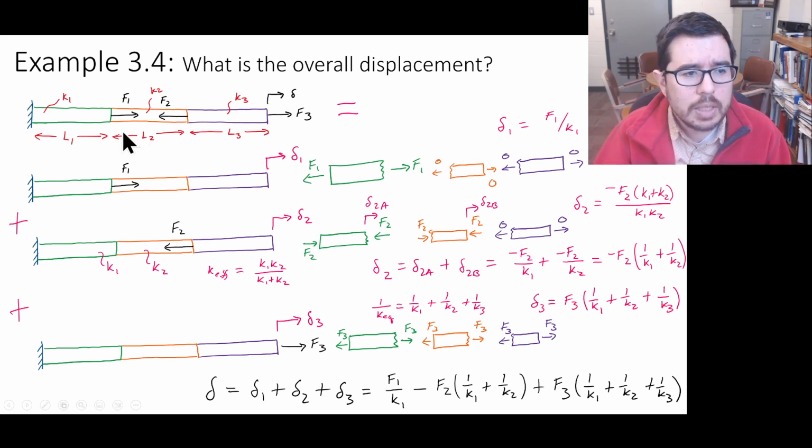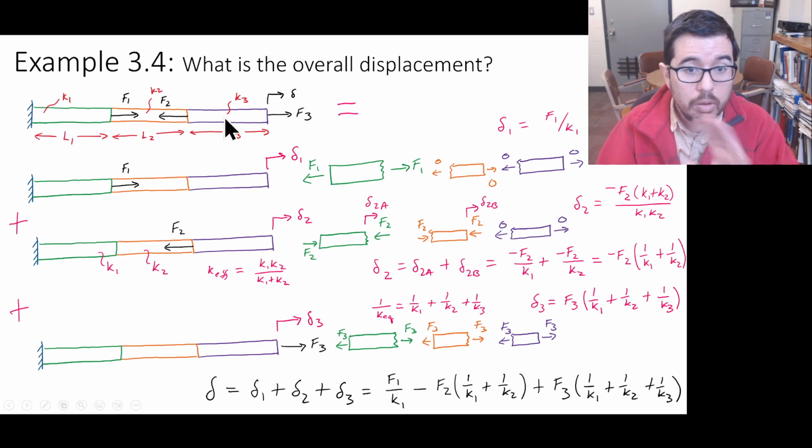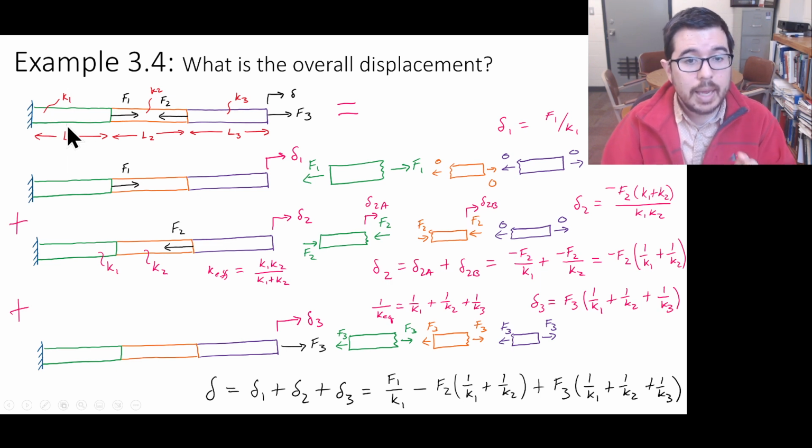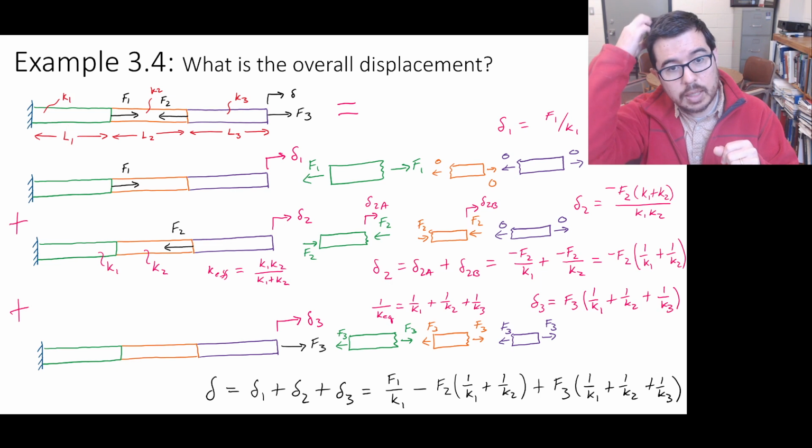So that's a possibility, and I guess I'm going a little bit off script here, but for example, the reaction force here on the wall with all 3 of these is going to be F3 plus F1 minus F2. That's the reaction force there. And if I took a cut there, that would be the internal force.